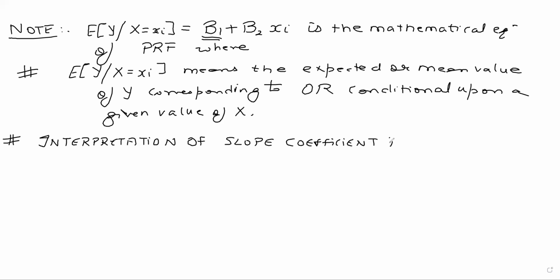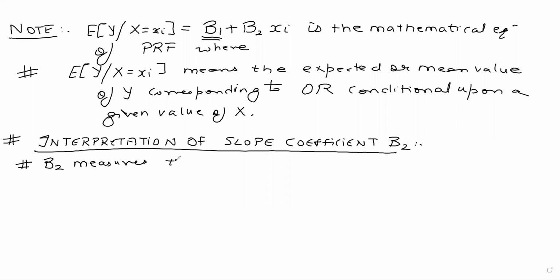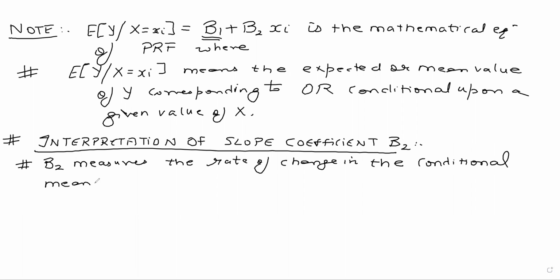How do we interpret the slope coefficient B2? So let's write the interpretation. B2 measures the rate of change in the conditional mean value of y per unit change in x.